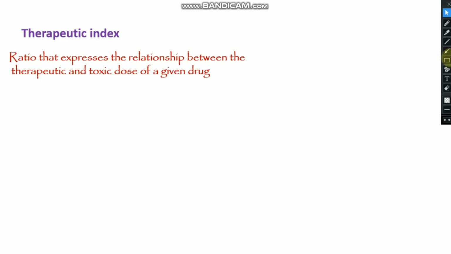So let me write here. This is the therapeutic index, the ratio. Denoting therapeutic index as TI, this is basically the TD50 divided by ED50.